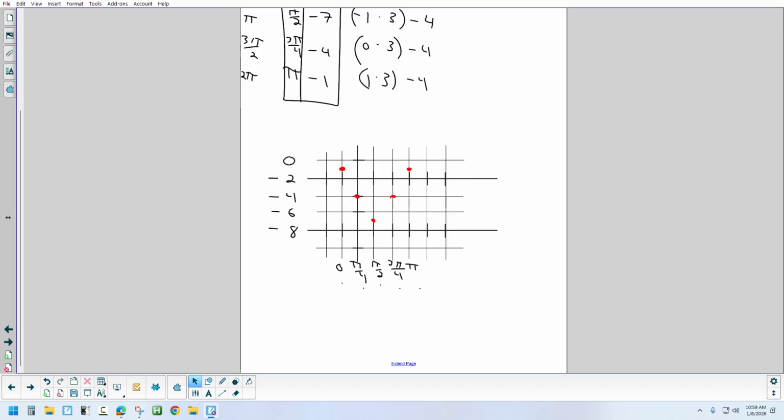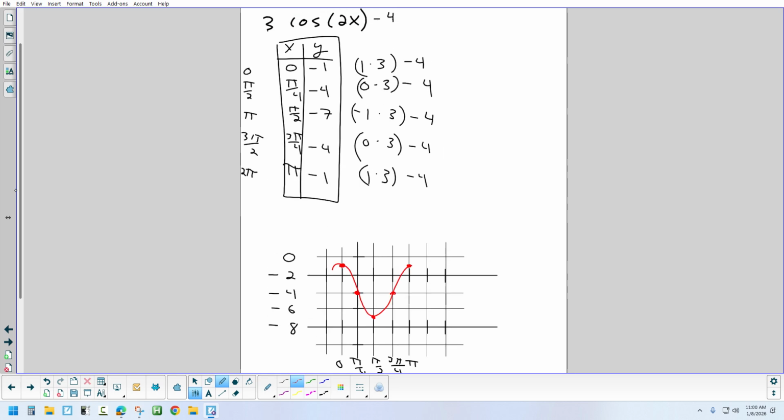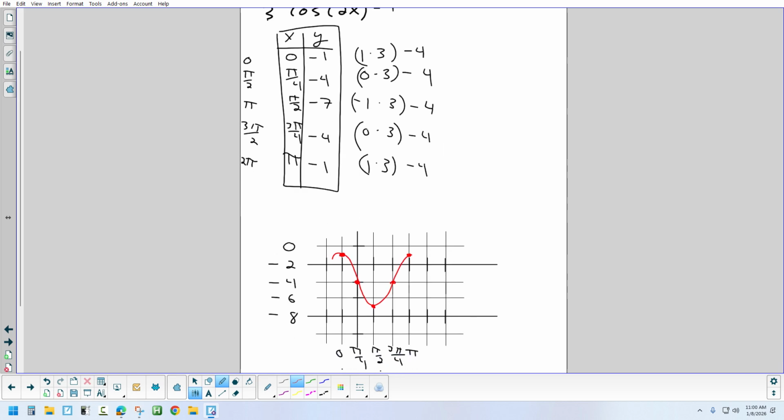So there's our sketch, and then I just draw it in. Okay. So any questions how we got the sketch or the table?